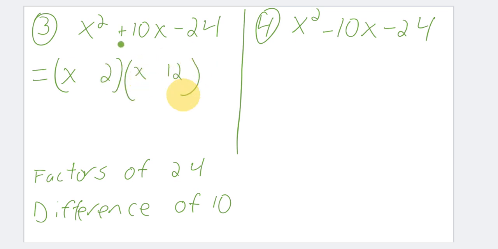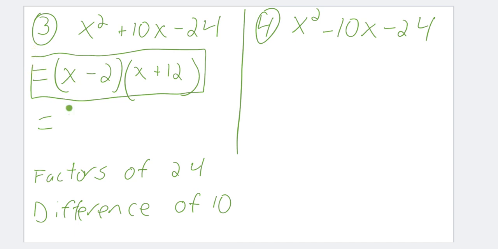All right, but we want to get a positive 10. So I'm going to make my bigger factor positive. Okay, so again, this is your answer right here, x minus 2 times x plus 12. You can also have x plus 12 times x minus 2. That's fine. So it's going to give you your positive 10x there.